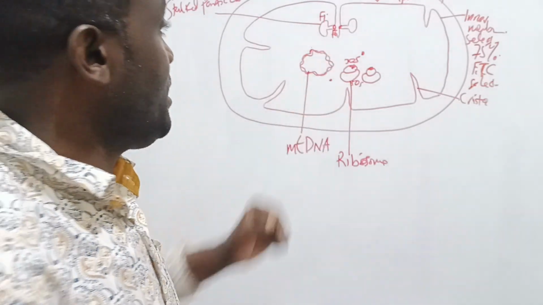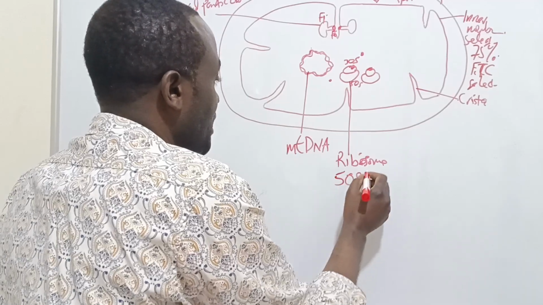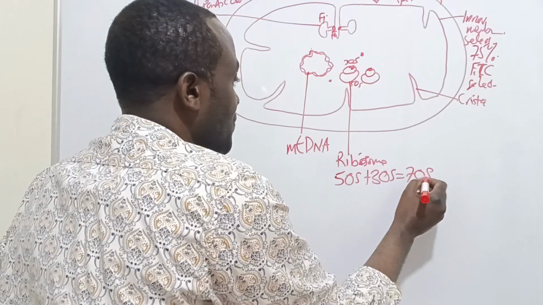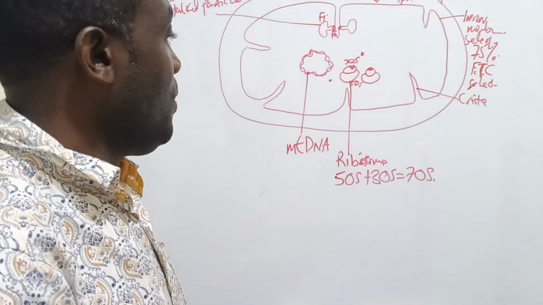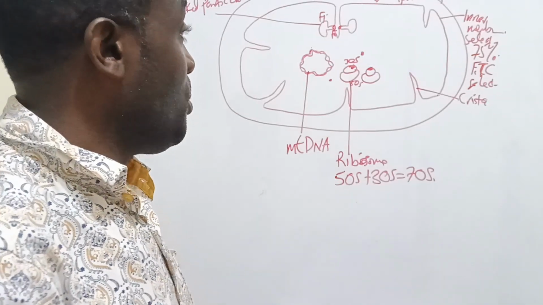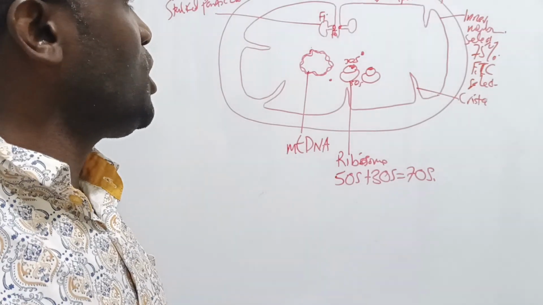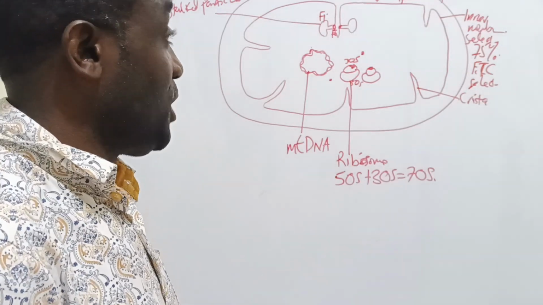So if we add 50S plus 30S, we end up with 70S. Forget your 80S. Now you all know that ribosomes are involved in protein synthesis.